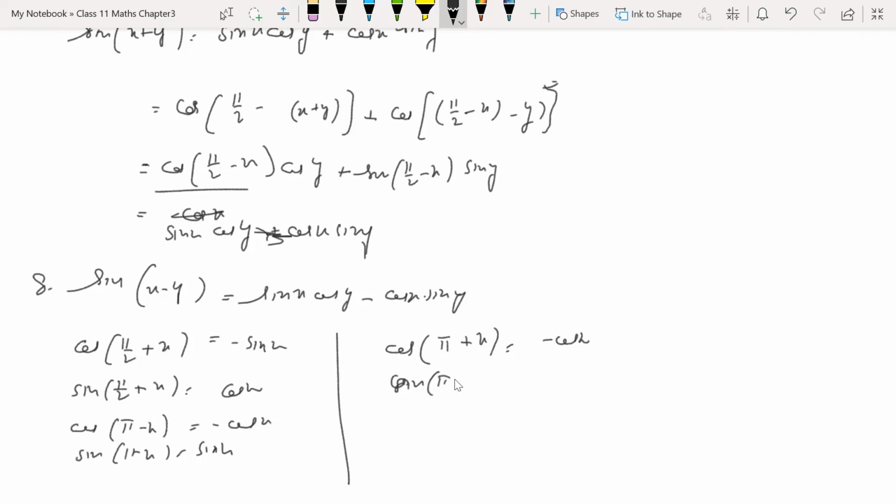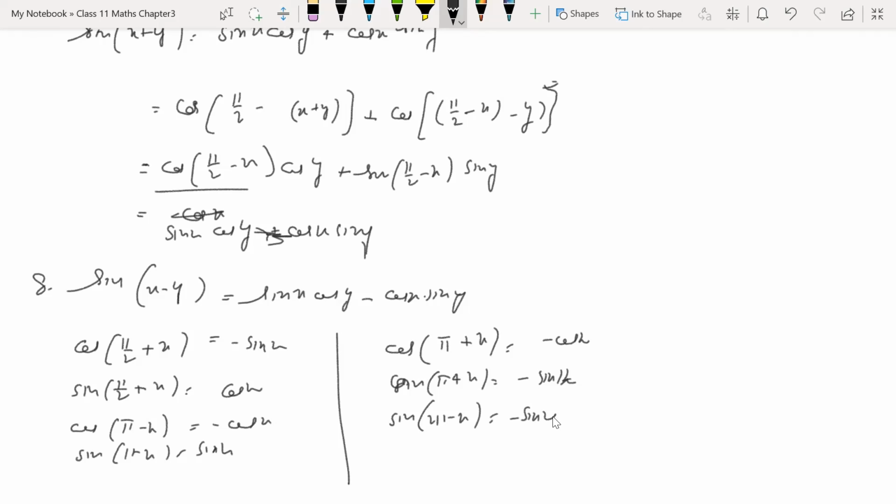Sin of pi plus x is minus sin x. Sin of 2 pi minus x is equal to minus sin x. So you can get the results for all of these, and if you have these identities, then you can obtain the results for tangent, cotangent, secant, and cosecant.